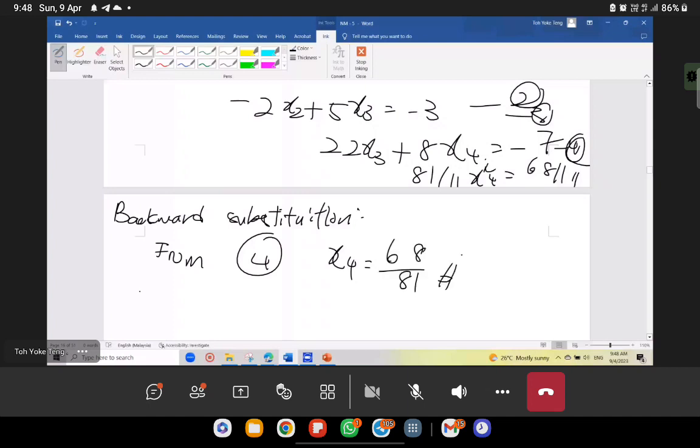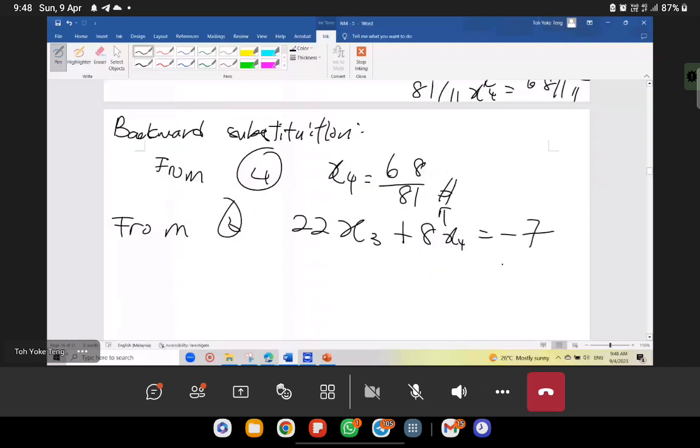And then from the third equation, substitute the value of x4 here. So 22x3 plus 8 times this value equals negative 7. Just the same thing. Remember that when we move it to the right hand side, multiplication becomes division, and summation becomes subtraction here.